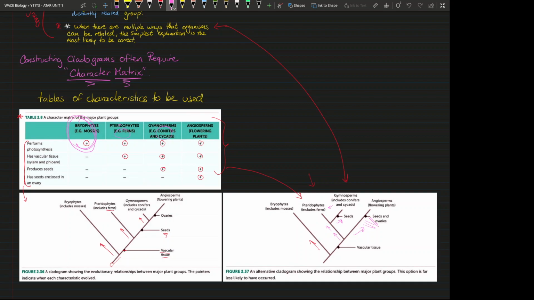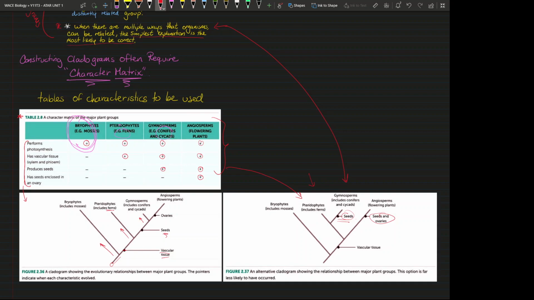So what I'm trying to mention is that when you make these cladograms, there's no necessity to have overly branching information. Like here, you have this branch that has seeds, but then you have seeds over here, right? You don't need to overcomplicate the phylogenetic system, the cladogram. Okay, so here's where it says that the simplest explanation is most likely to be correct.